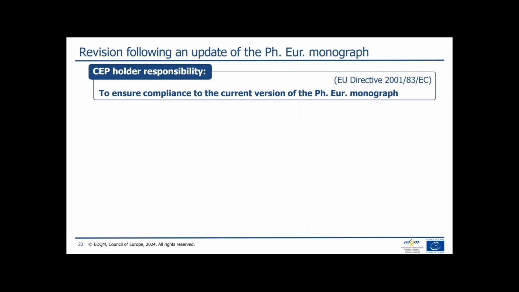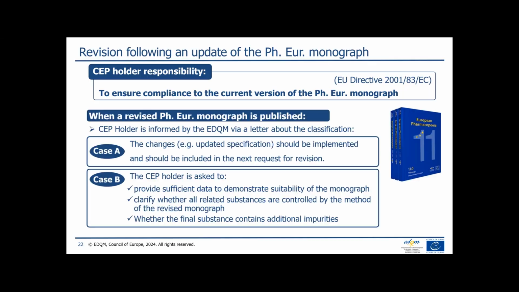So there is, as I said already, a specific type of revision. What happens when there are updates in the texts of the pharmacopoeia monograph for a specific substance? It is the SEP holder's responsibility to keep the dossier and process controls updated, anything required by the revised pharmacopoeia monograph, and also to ensure compliance with every current version of the monograph.